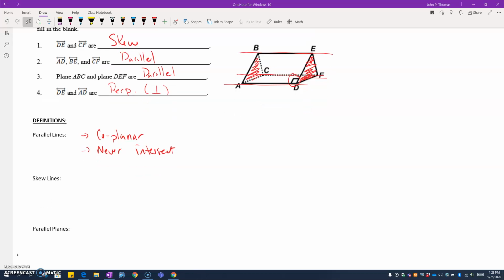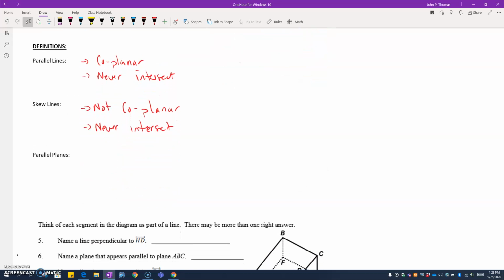Skew lines are not coplanar, and they do not intersect. All right, so 2 lines that are not in the same plane and never intersect are considered to be skew. All right, and then the last one is parallel planes.